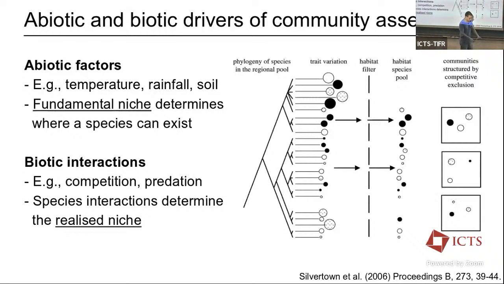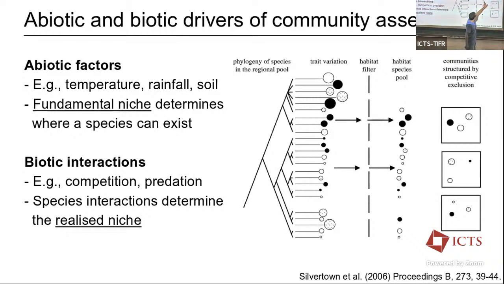But if you go to the local scale and you look at a community, you'll see that if these species are competing with each other, they've been filtered out based on warm adaptation. So they're all similarly sized, but there are other traits that are different. So let's say similar size in terms of the circle itself, right? So they're all warm adapted species, but there are other ways in which they might be different from each other.